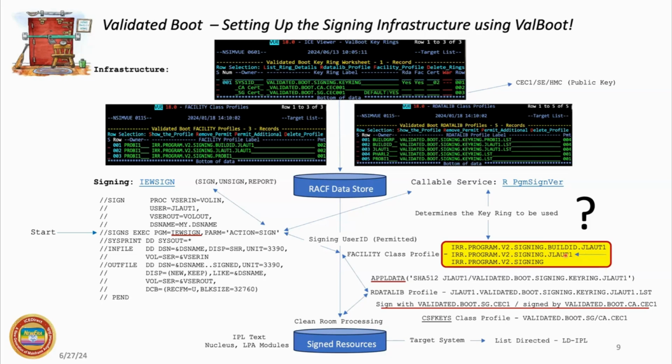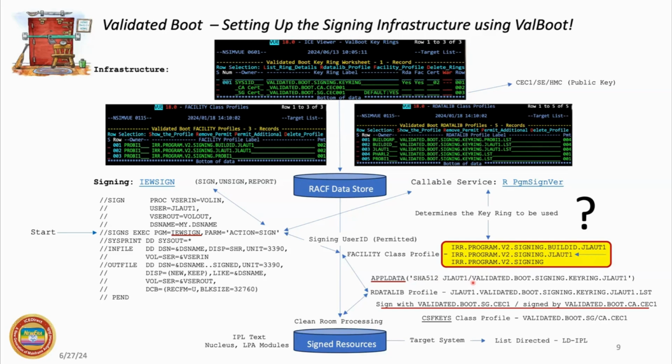Once we've identified the profile, and again by name, then we have to look inside that profile to identify the APPL data component of it to extract information that relates to the key ring itself and to the R data log profile that's being used to protect that key ring.